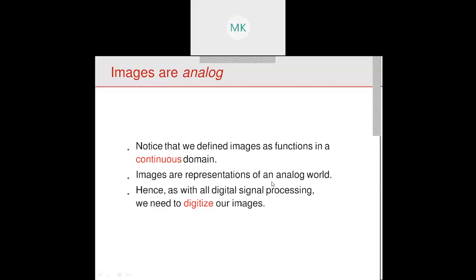Images are a representation of an analog world. With all digital signal processing, we need to digitize our images. Digitization means we need to convert the images into digital form, and to do so we need to apply two techniques. First is quantization and second is sampling.